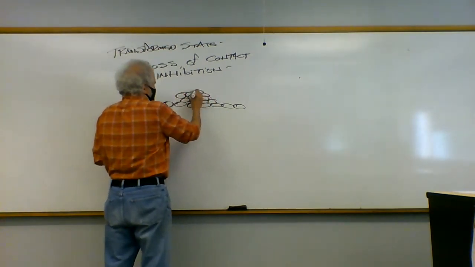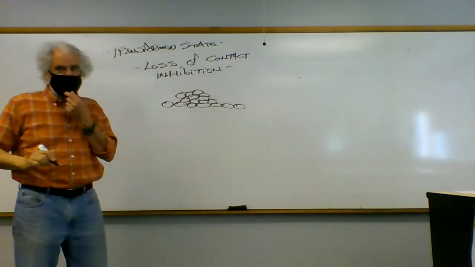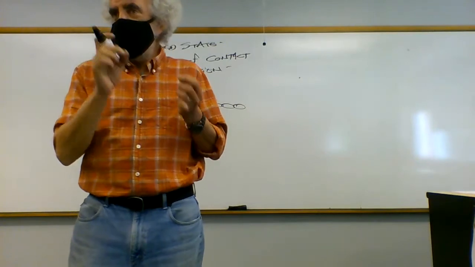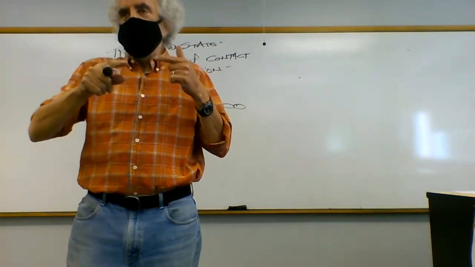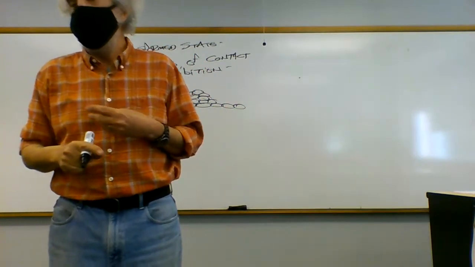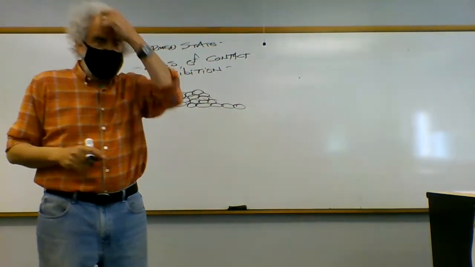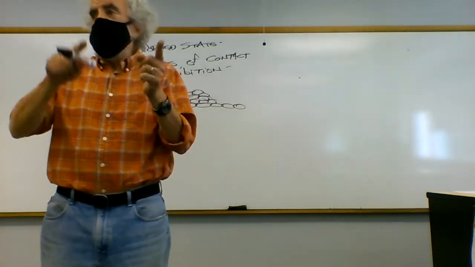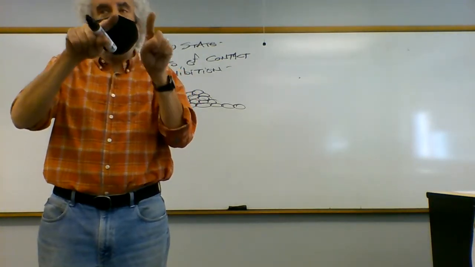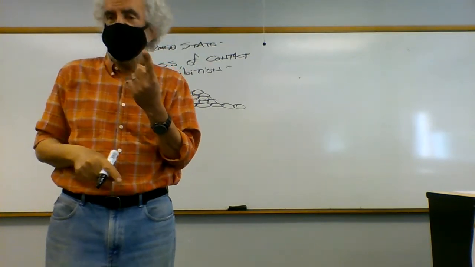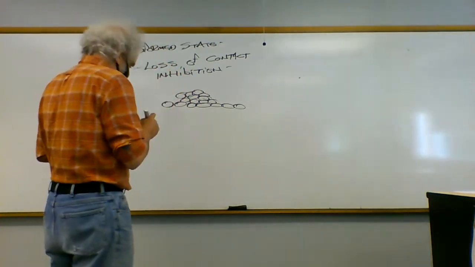So this loss of contact inhibition is a sign that there are systems in the cell that are no longer either providing the signal or no longer being paid attention to. And every time I have a little cut, a little boo-boo, I always say to myself, okay, the cells are going to fill in, and when they touch, please stop dividing. And if you ask them nicely, they will. So that's loss of contact inhibition.